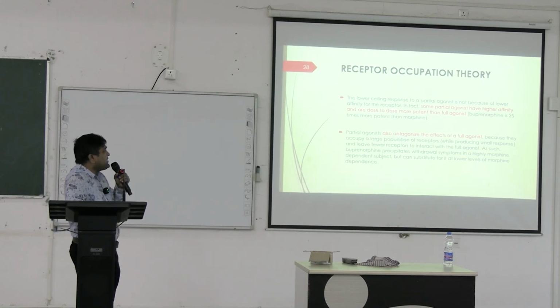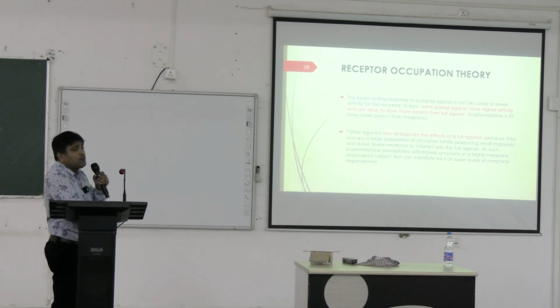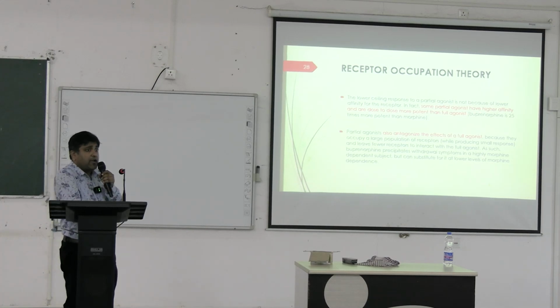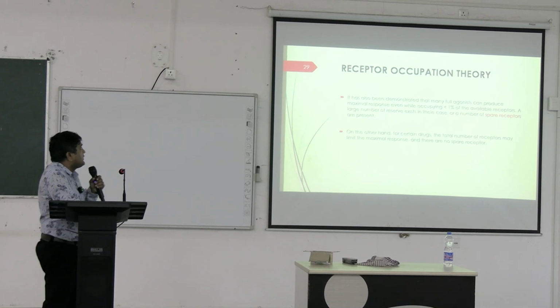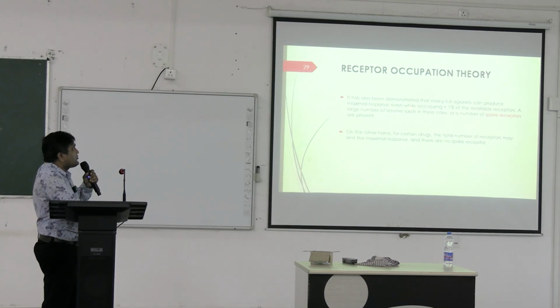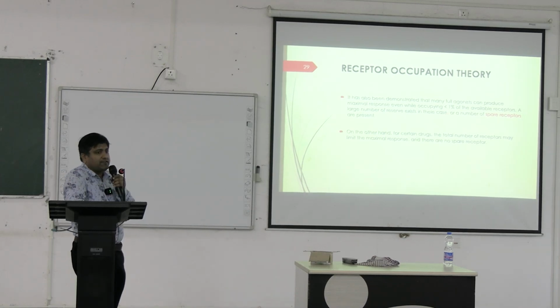Now the lower ceiling response to a partial agonist is not because of lower affinity. In fact, some partial agonists can have higher affinity and dose to dose be more potent than full agonist. Now, it has also been demonstrated that full agonists can produce maximal response even while occupying less than 1% of the available receptors.